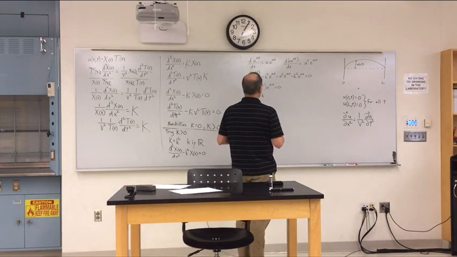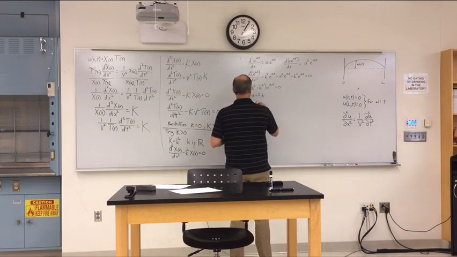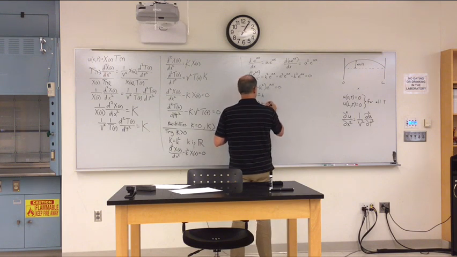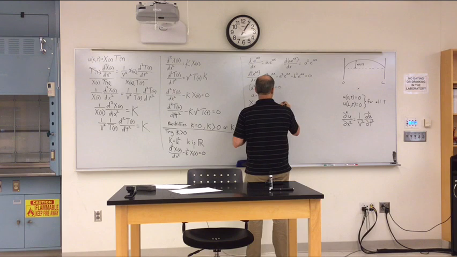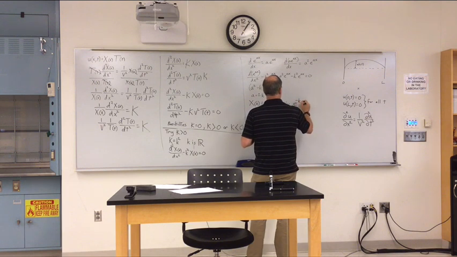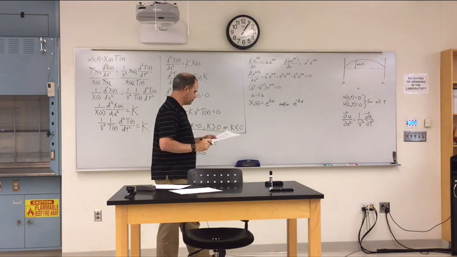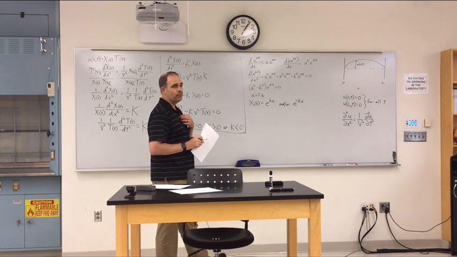So that essentially is going to give us two possible solutions. So x of x could equal e to the kx and or e to the minus kx. Now it could actually be a combination of the two, right?